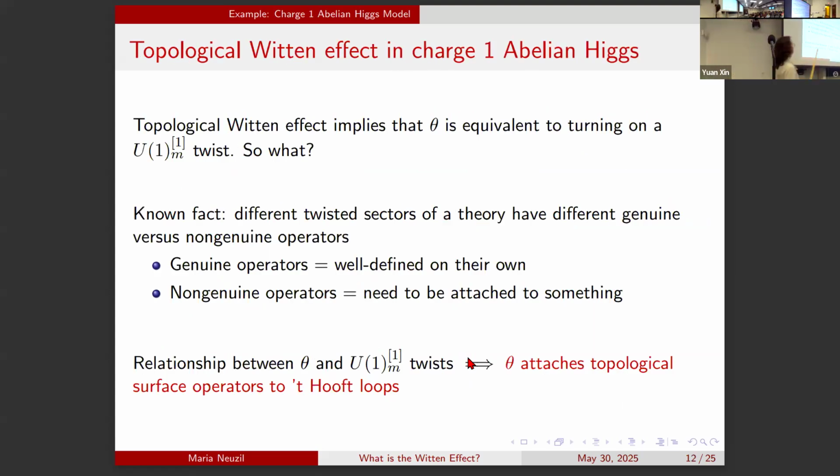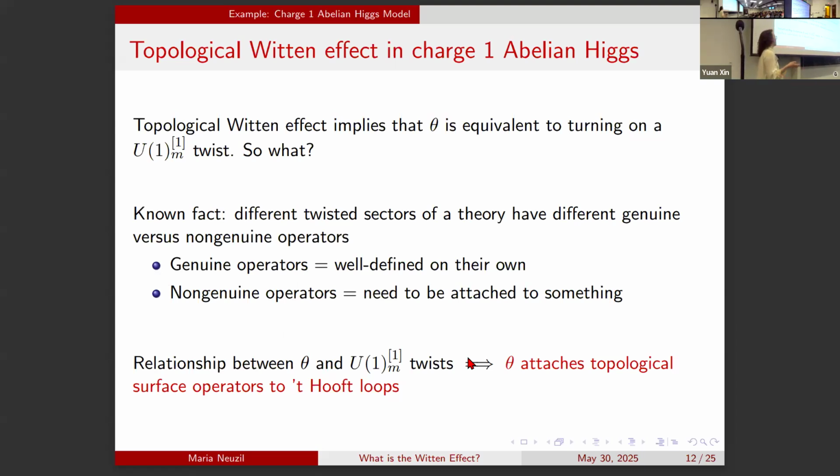Okay, so the claim was that the topological Witten effect implies theta is equivalent to turning on a magnetic twist. And the fact that you may know very well or may not have been familiar with is that different twisted sectors of a theory have different genuine versus non-genuine operators. And what this language means is that a genuine operator is just an operator that's well-defined on its own, full stop.